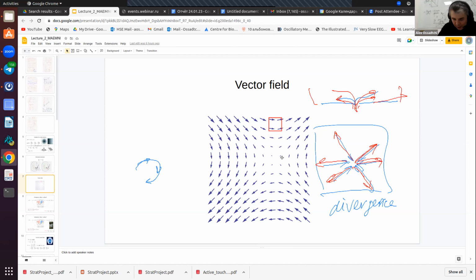Divergence and the rotor, or the curl, are the two main things used to describe fields in almost every discipline. According to Helmholtz decomposition, if you know how to decompose your field into these two, then you can describe any field.